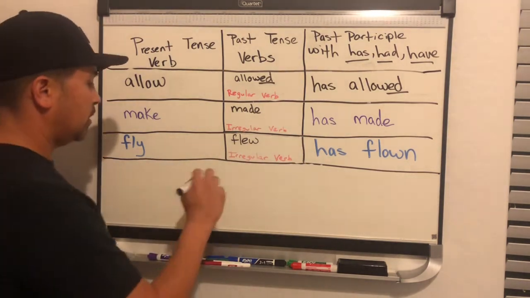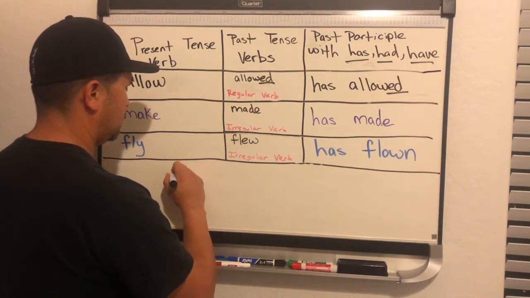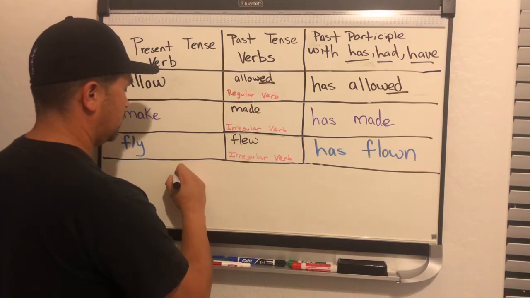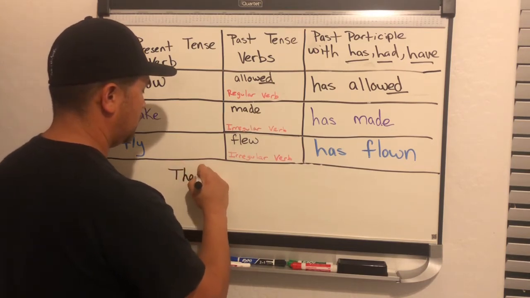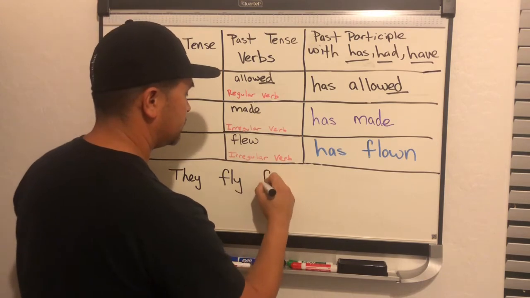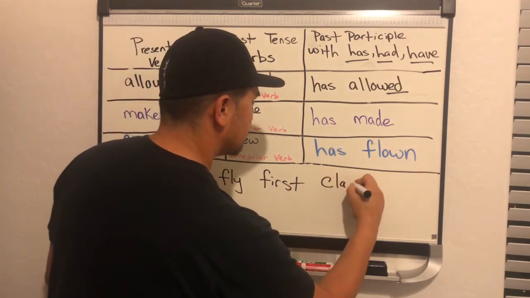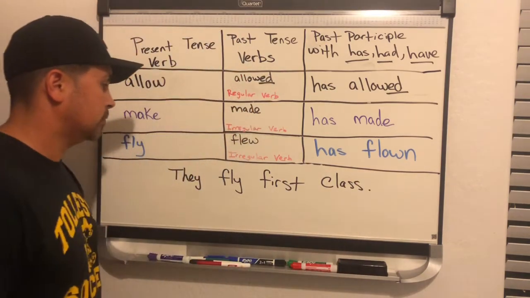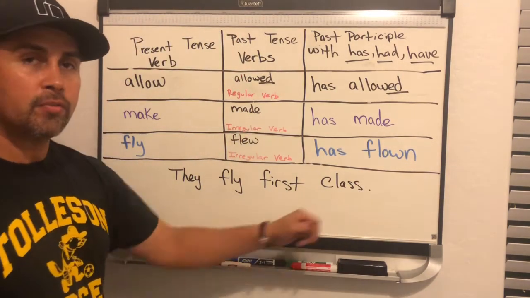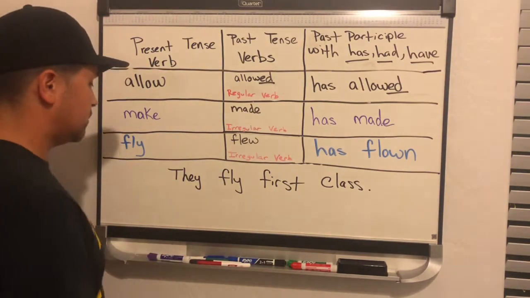Okay, so if I were to write just a quick sentence here, they fly first class. Pretty straightforward, simple present, okay? I wanted to change this into the past tense.